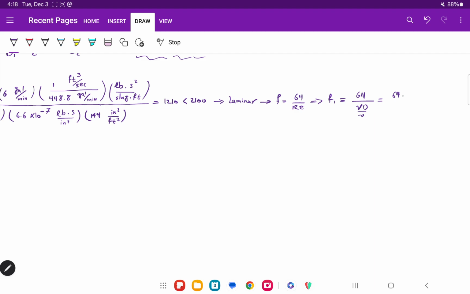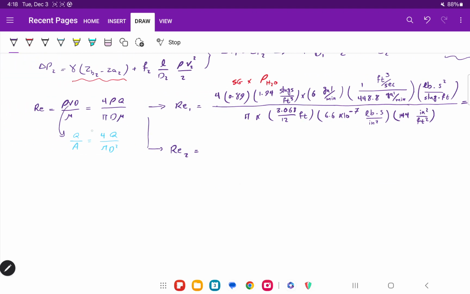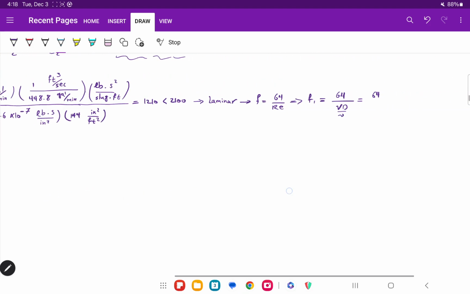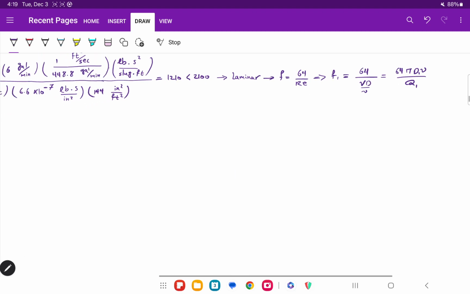So you should use this one again, which is equal to V. Therefore F equals 64 pi d nu over Q. This is D1 and Q1. This is the friction factor for the first situation.